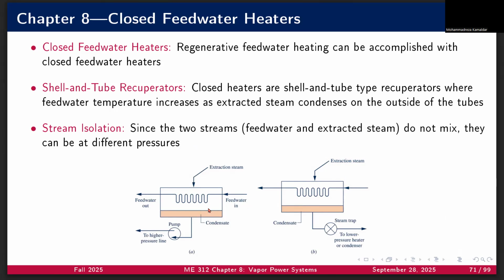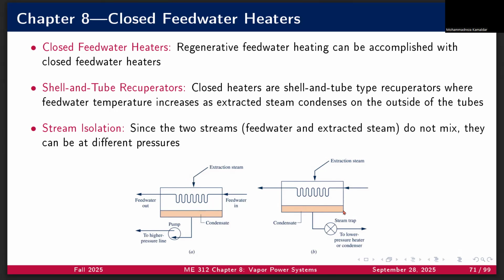Later we're going to integrate the closed feed water heater into the cycle, but first we want to look at it separately. By doing this, we raise the average temperature at which heat is added to the cycle, leading to that crucial boost in efficiency. Now let's look at the construction.